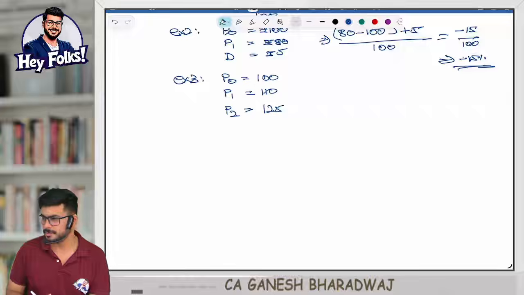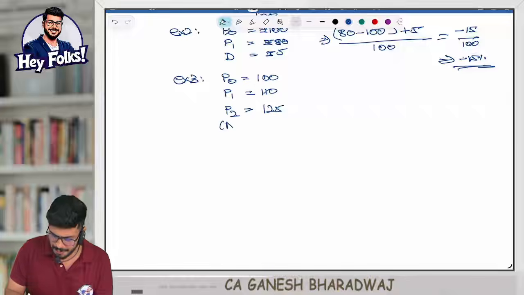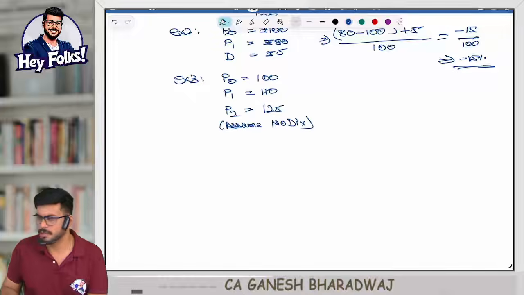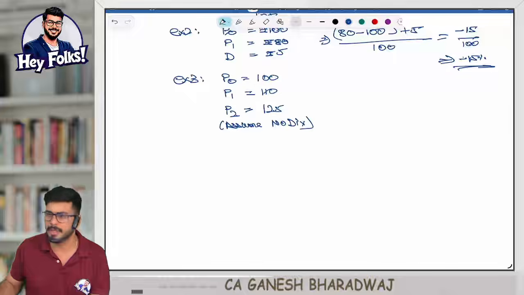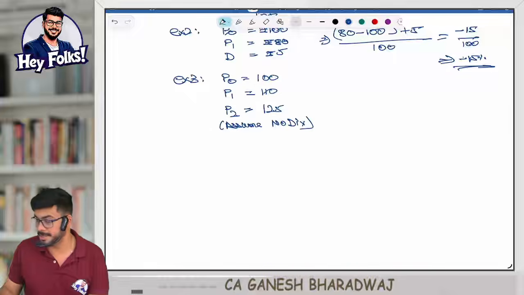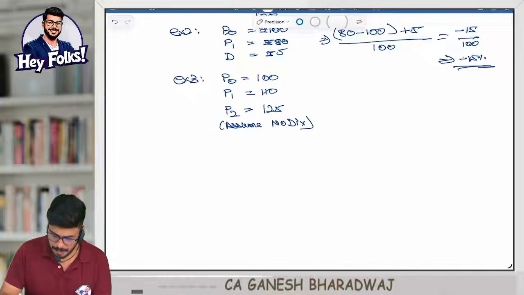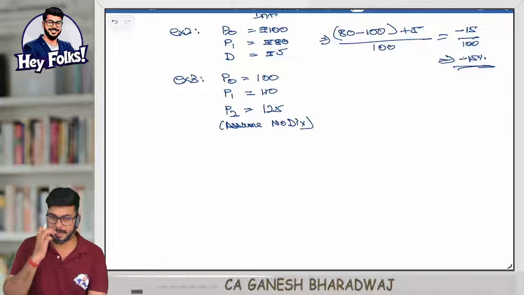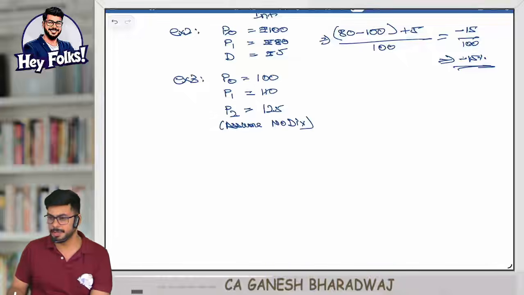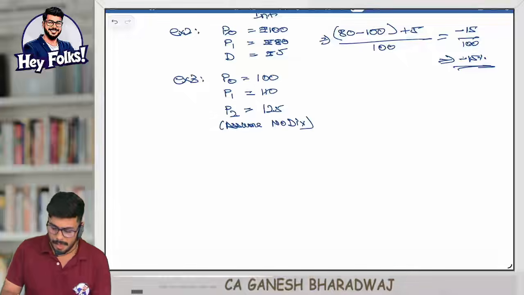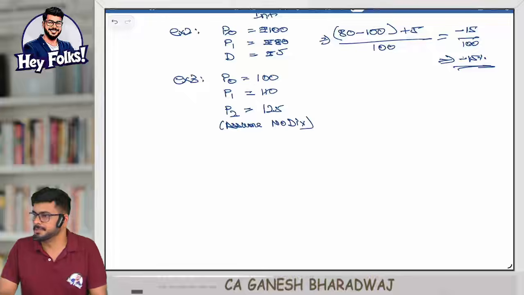Now, assume there is no dividend. Is it mandatory for the company to pay dividend every year? No. In this case, there is no dividend, which means the entire return comes out of the capital appreciation. Is that clear, guys? Now, my question to you is, how will you compute return?